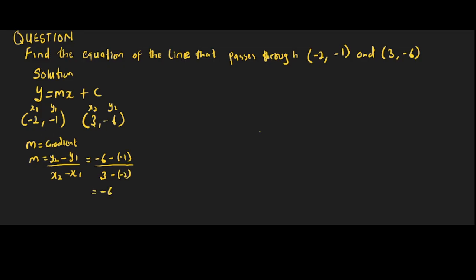This is going to give us -6 plus 1 all over 3 plus 2. Then this is going to give us -5 all over 5. And the answer here is equal to -1. So our m is equal to -1.